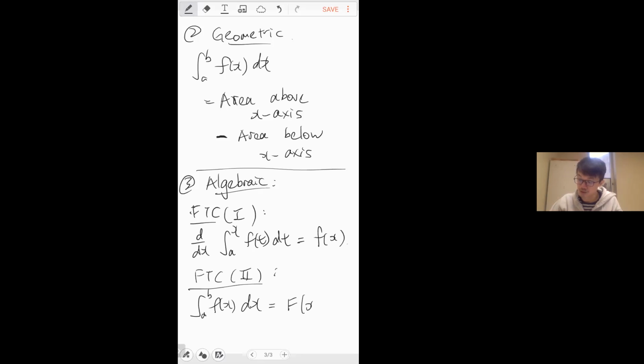And my notation was this guy. So I'm saying that in order to compute the integral, you just need to find the antiderivative, and then you plug in a and b and then subtract.